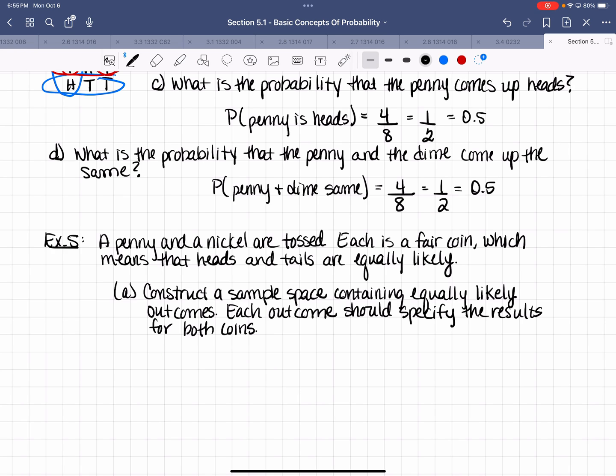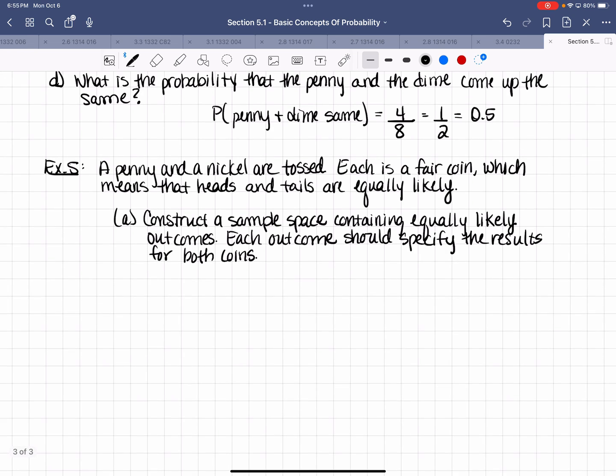Okay, and all we're going to do, guys, is pretty much make a T-chart. We're going to make the same kind of chart that we did up there, but just with a penny and a nickel. And we make it look a little prettier, okay? So we say penny. And we say nickel. Okay.